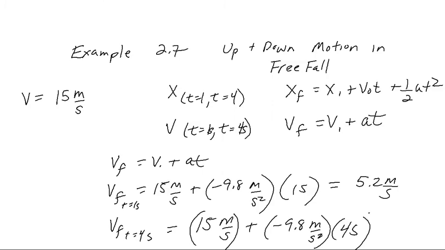So let's do that. 15 minus 9.8 times 4, and I get negative 24.2 meters per second. So that indicates that the ball is going the opposite direction as when it started out. It's falling towards the earth now.